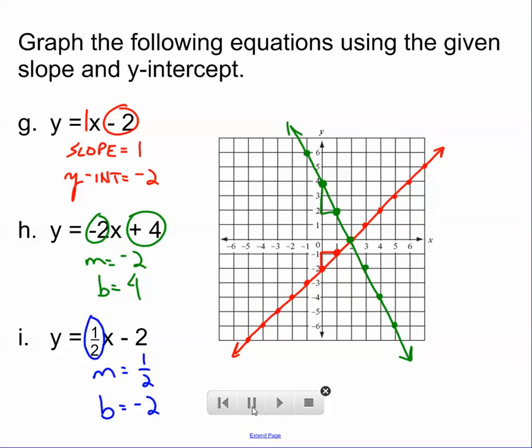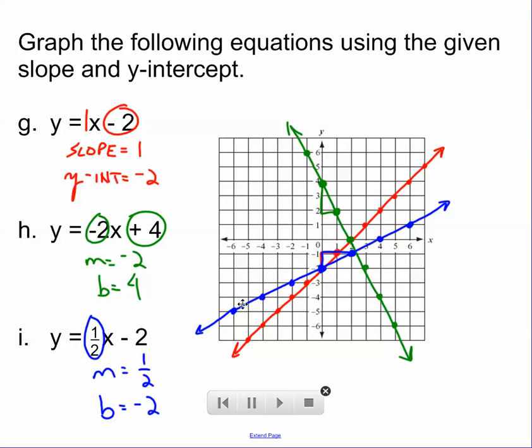So we'll start there at negative 2, and then we're going to go up 1 and over 2, up 1 and over 2, up 1 and over 2. That's the same as going down 1 and left 2. And then we can draw a nice straight line there. And again, this line represents every point that is a solution to the equation.